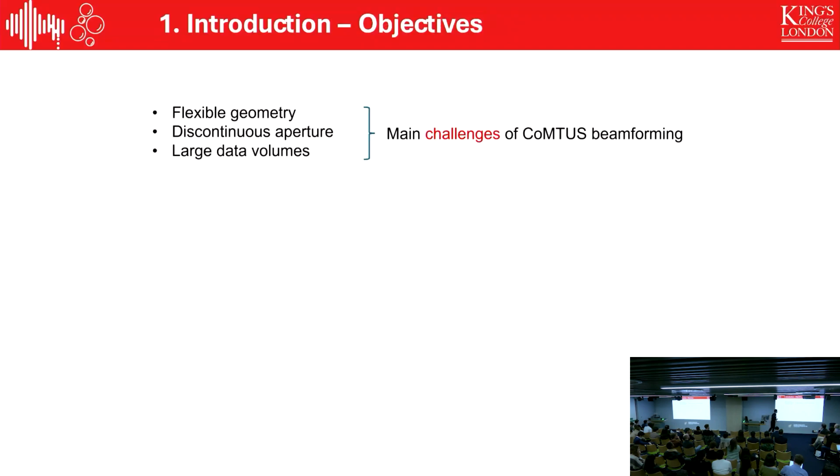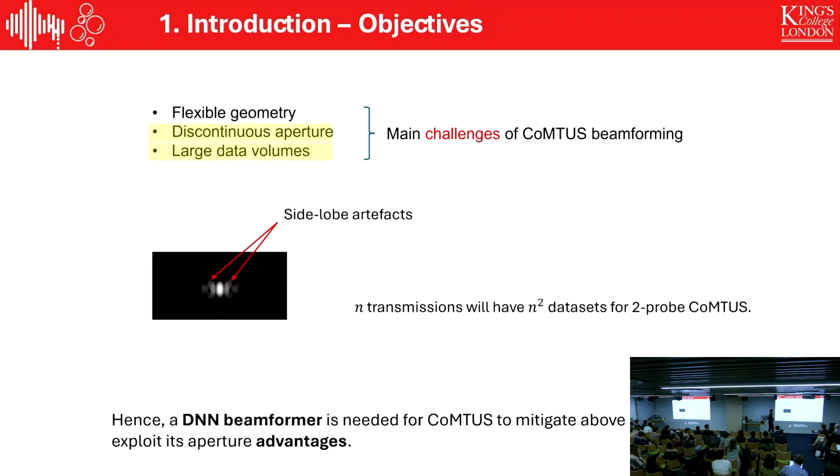So COMTUS brings 3 challenges to the beamformer. The first one is flexible geometry, then discontinuous aperture and large data volumes. In this study, we will address the discontinuous aperture and large data volumes. You can see this is an example. The discontinuous aperture can lead to extra artifacts here, for example, the side lobes.